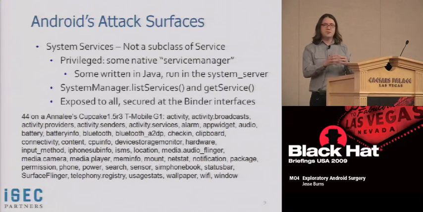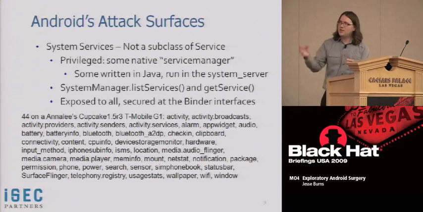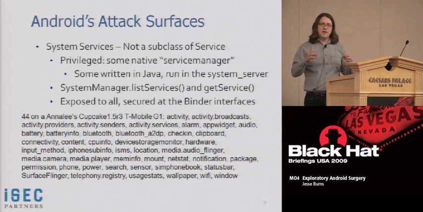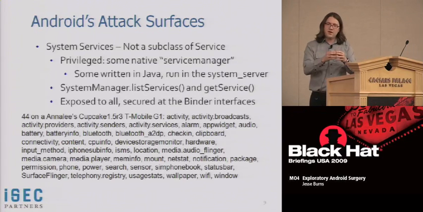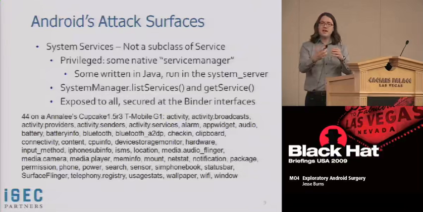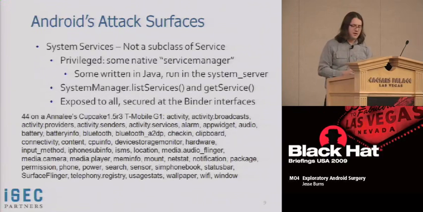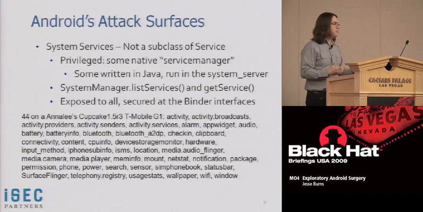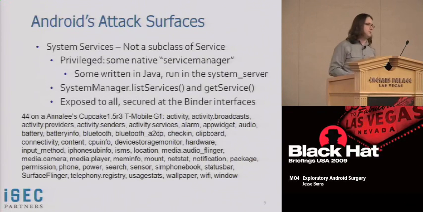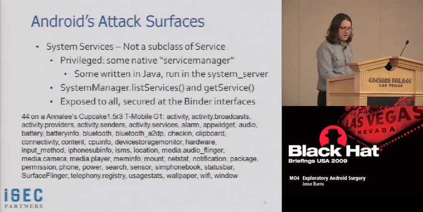And it's not actually the real services. You can get those, and I'll talk about that a little bit later, but the services that you get from getService are actually nice, friendly wrappers that show you just the public parts, right? So you get back the pieces that you should use as a developer, not necessarily the full attack surface that you might want to use if you were doing security testing or trying to figure out what was going on with malware, right?